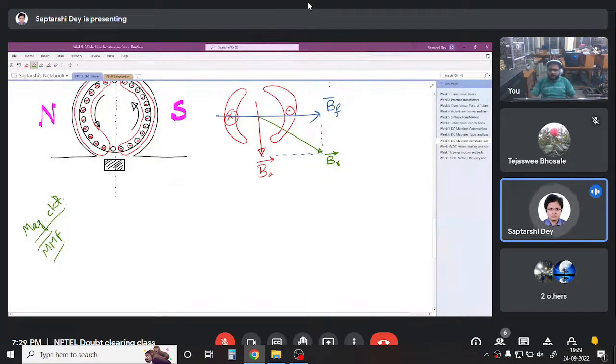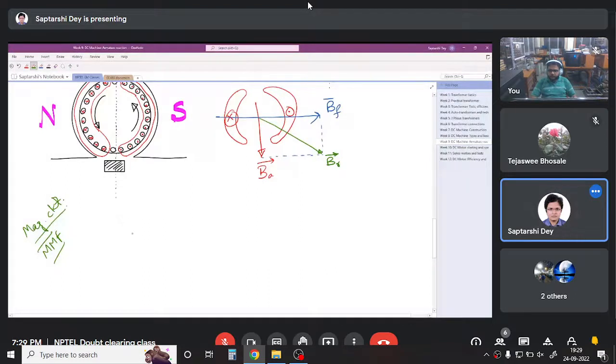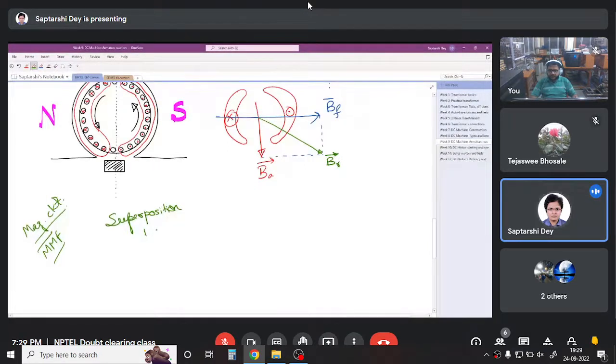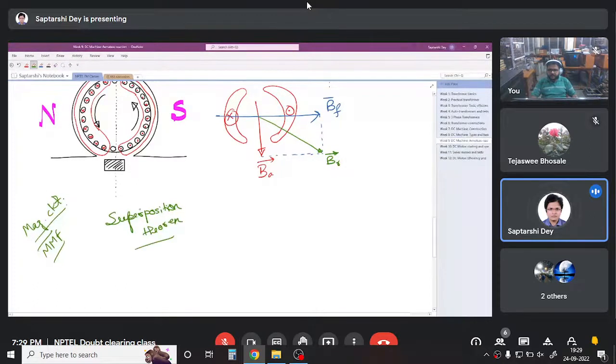There is a theorem, which you must have heard of and used, called the superposition theorem. Superposition theorem means that if you have multiple energy sources in a system, you can consider them one by one, keeping the others inactive, and at the end you can add up the results to find the net result.